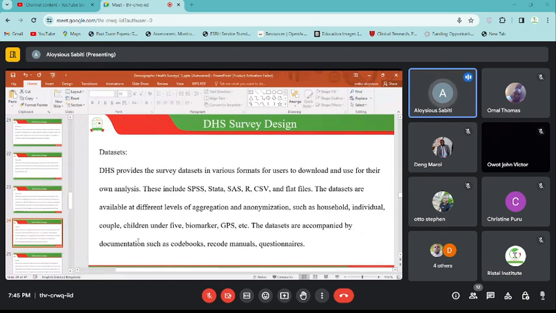However, the advantage the DHS offers you is that it provides you a dataset for an entire province or an entire region. So you're able to do analysis that can impact policy, that can impact decision making.